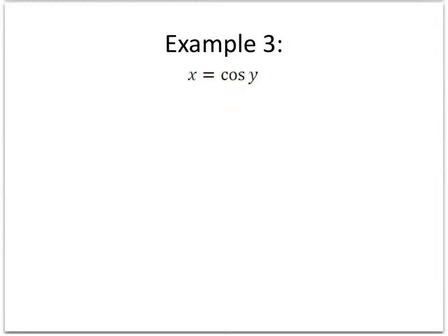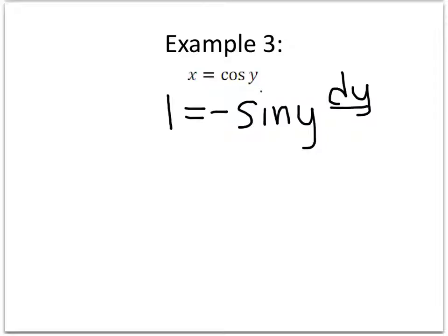You can also do implicit differentiation for equations that have cosine or sine or things like that in them. Let's try it here. So once again, the first step is that you have to find the derivative of the whole thing. So the derivative of x is just 1, and the derivative of cosine y is negative sine y, but then you have to take into account the dy over dx again.